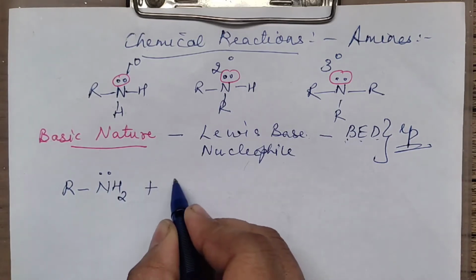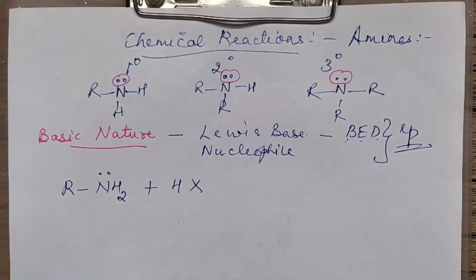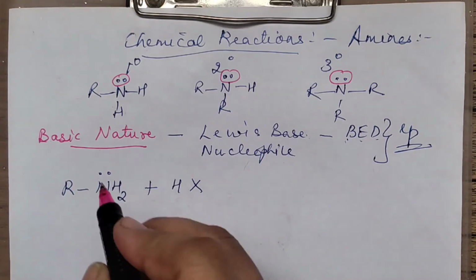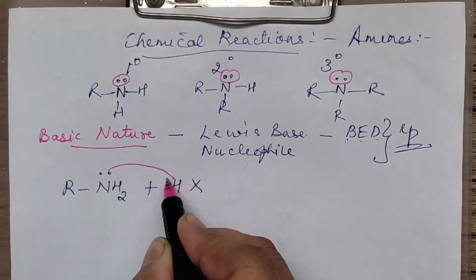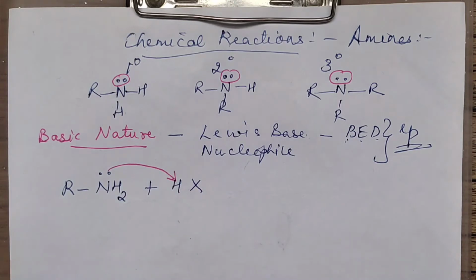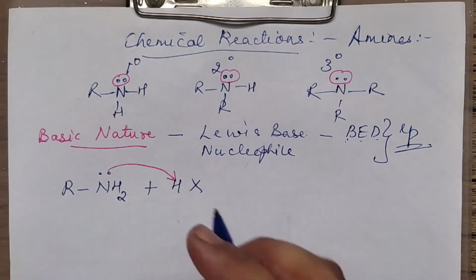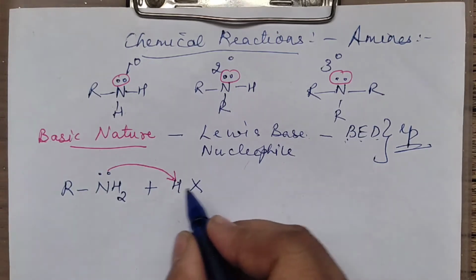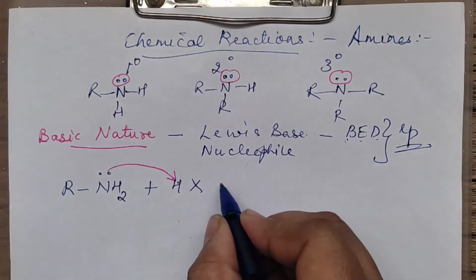And if it is treated with some mineral acid, say HCl, HBr, HI, I have written just HX. So what will this do? This is having a lone pair. So this lone pair of electrons can be given to this H. Because of the difference in electronegativity over here, this will have a negative and this will have a positive charge. So this H will go and get attached here.